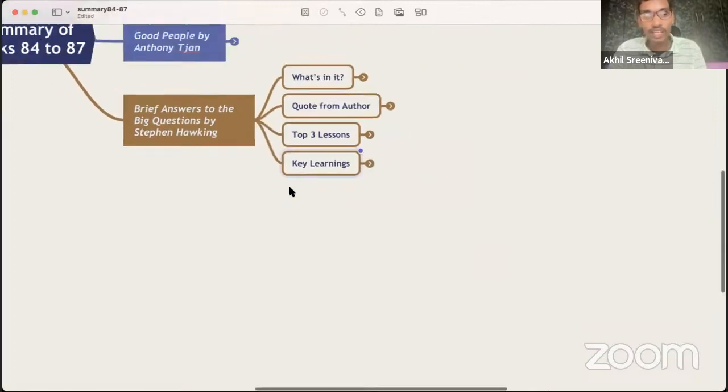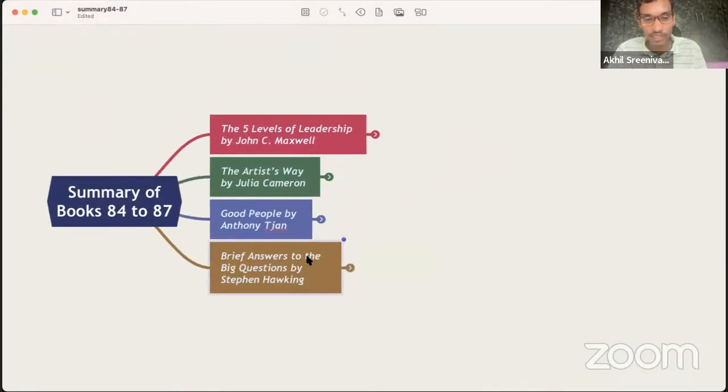So let us see all the four book summaries once again. The 5 Levels of Leadership suggests we focus on position, permission, production, and people management, and finally reach the pinnacle. The second book, The Artist's Way, suggests we rise up early in the morning, take a paper and pen, and write down all the thoughts of our mind on the paper.